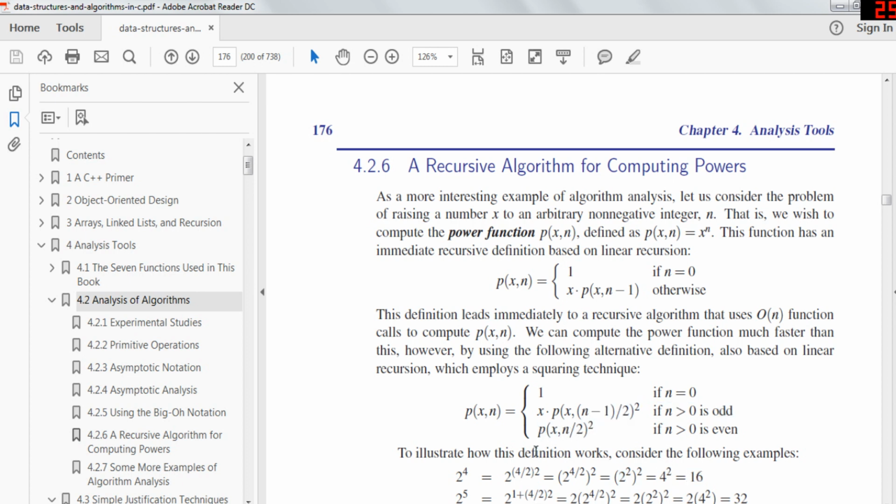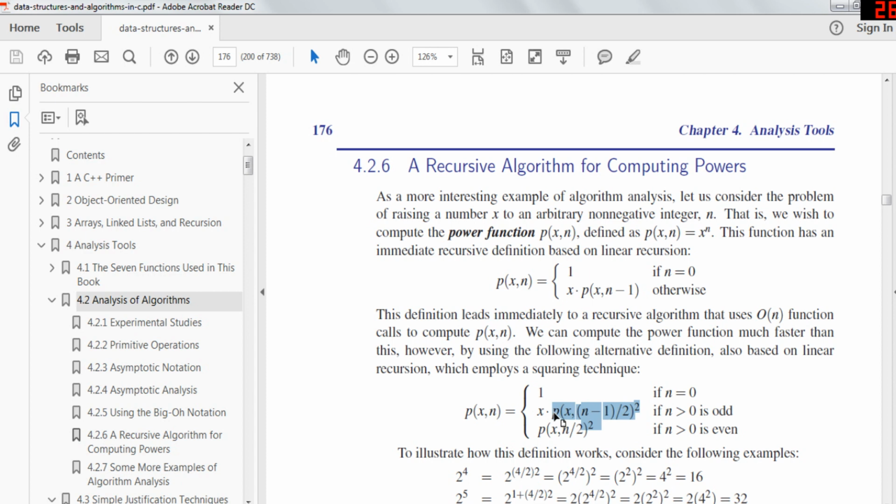That's all they're saying. So also 2 to the 5th power, you could do 2 times whatever power, right? 2 to the power of 5 minus 1 is just 4, over 2, squared.